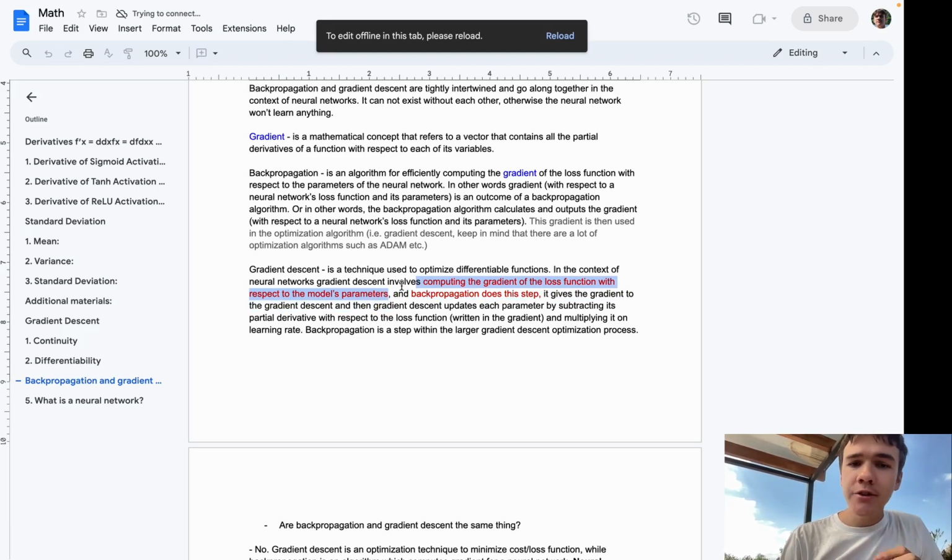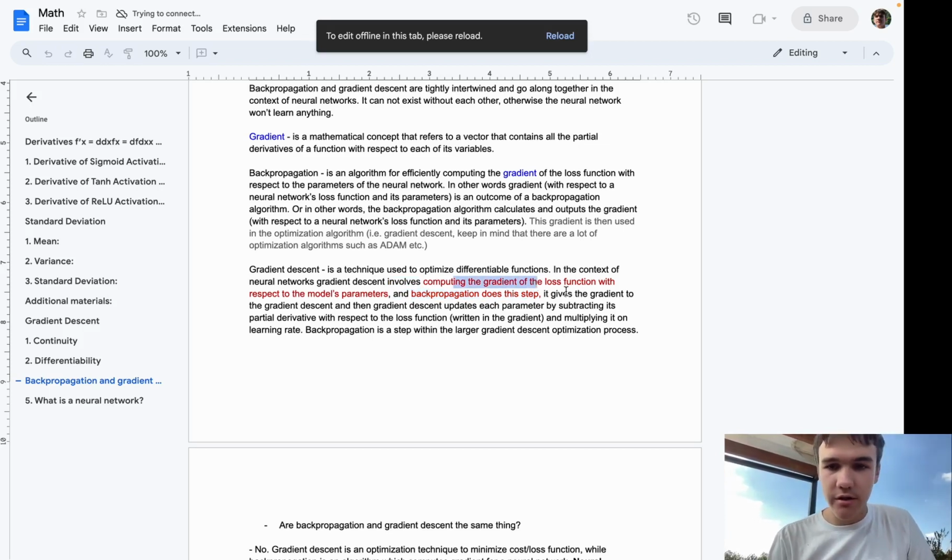We're not saying that gradient descent is only this. We are saying that gradient descent involves this step, and backpropagation does this step. Backpropagation computes the gradient of the loss function with respect to the model's parameters, and then it gives the gradient to gradient descent.